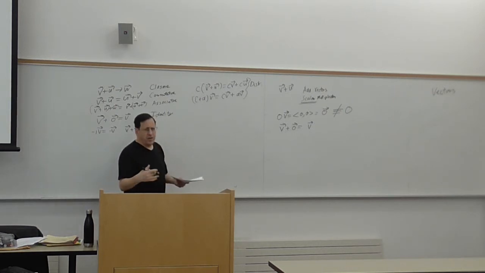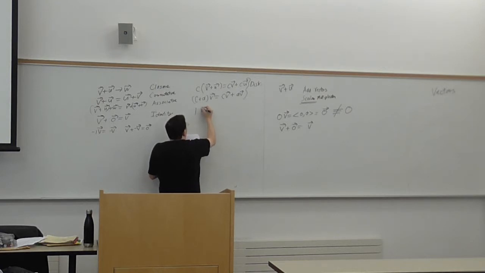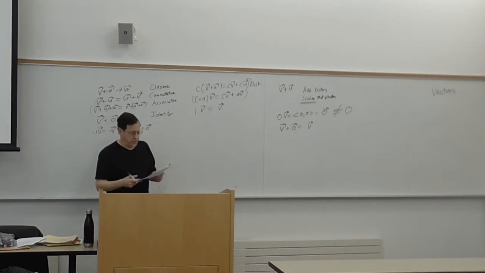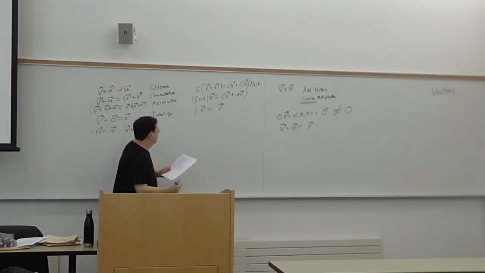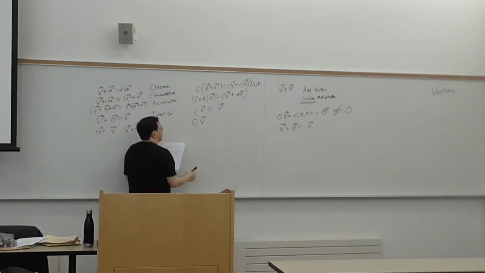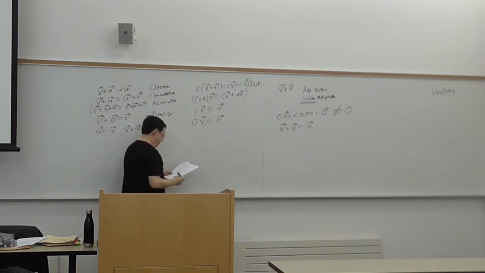A few more incidental things. We can multiply 1 by the vector and get the vector back. That's an identity property of multiplication by a scalar. If you multiply any vector by 0, you get the 0 vector.